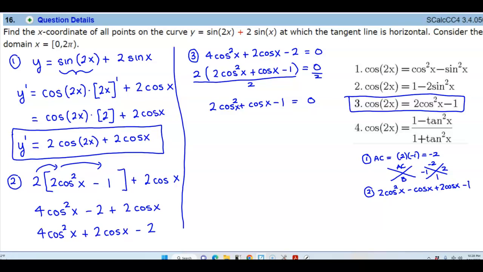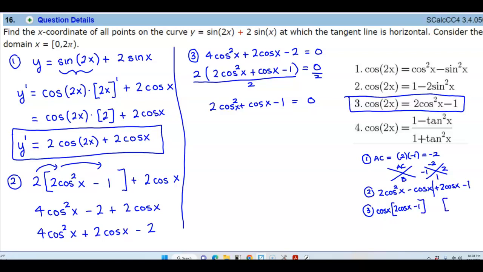So now we can factor by grouping. If we factor by grouping, we can factor out a cosine x in the first one, so we get 2 times the cosine of x minus 1.